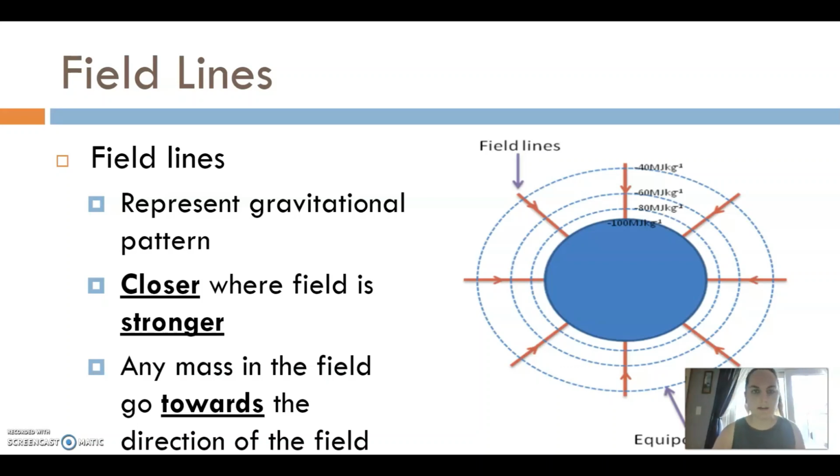But we'll get to that in just a second. The field line represents a gravitational pattern. The closer you are to a field line, the stronger the force of gravity you're going to feel. Any mass in the field goes towards the direction of those field lines. Again, these field lines basically represent the acceleration due to gravity.